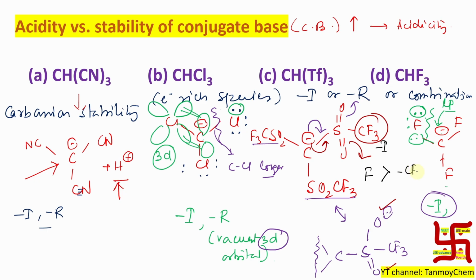So CF3 is a stronger minus I effect showing group compared to chlorine, but lesser compared to fluorine. So you can say it is a very strong minus I effect showing group, and three such groups are present here.